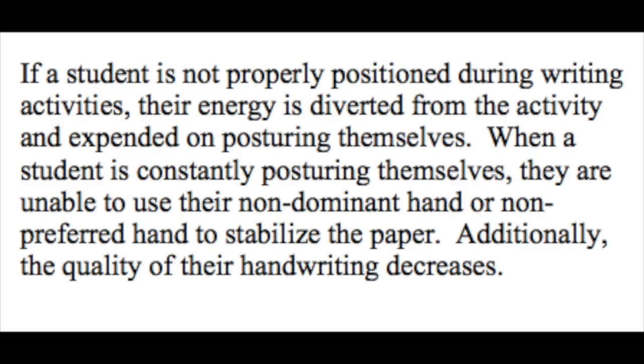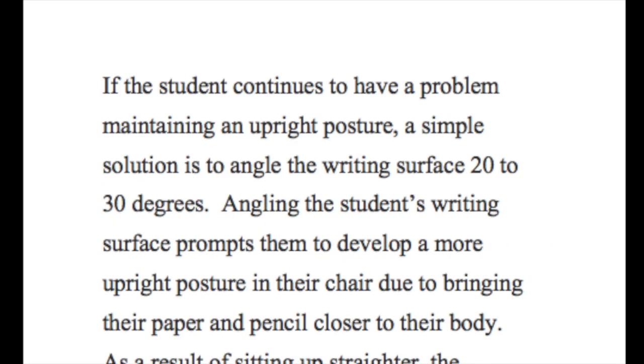If a student is not properly positioned during writing activities, their energy is diverted from the activity and expended on posturing themselves. When a student is constantly posturing themselves, they are unable to use their non-dominant hand or non-preferred hand to stabilize the paper. Additionally, the quality of their handwriting decreases.